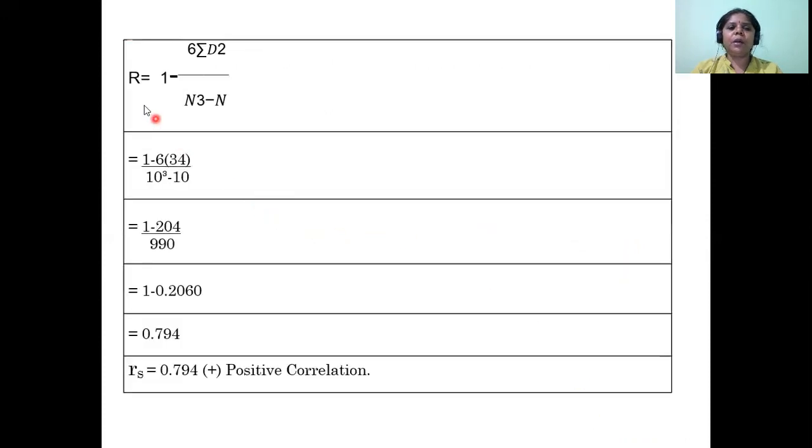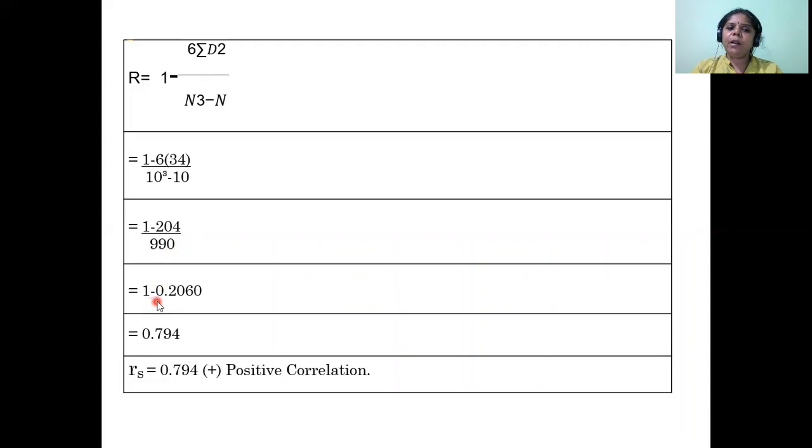Now the rank correlation is equal to 1 minus 6 sigma D square divided by n cube minus n. So now 1 minus 6 into sigma D square, which is 34, divided by 10 cube minus 10, where 10 is the number of items. 1 minus 204 divided by 990.